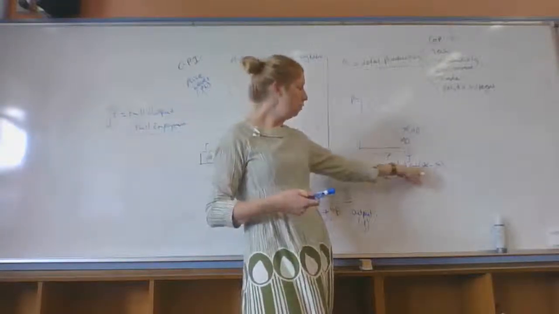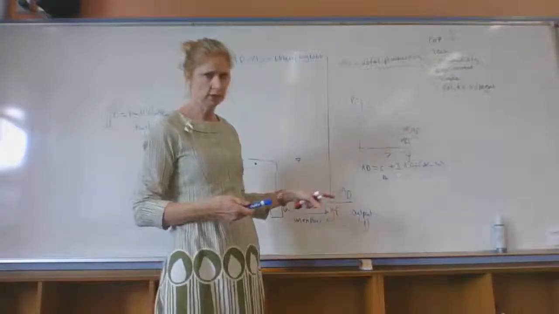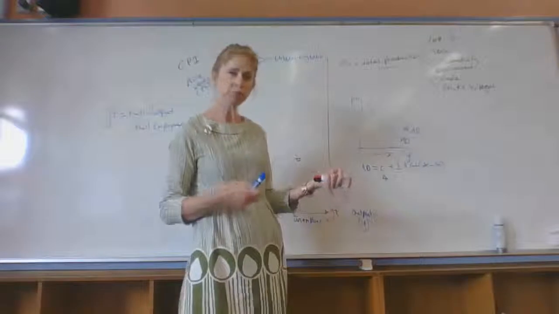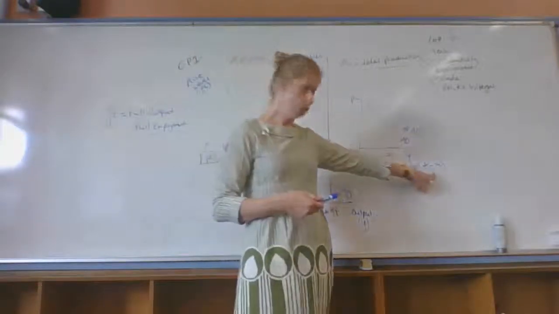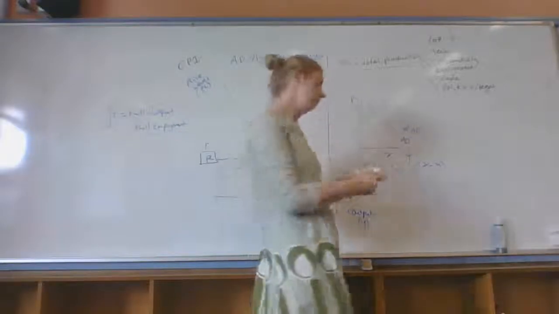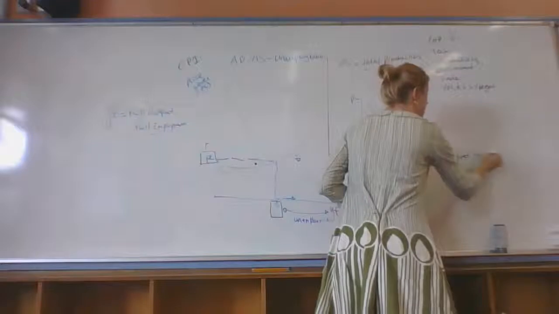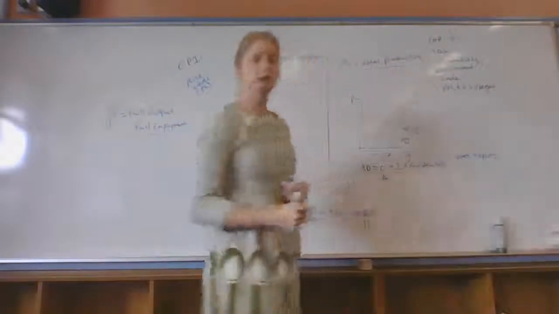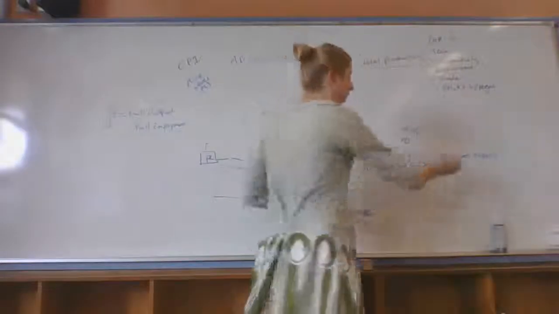Over here, what you want to see to get AD increasing is we want export receipts to increase. Remember, export receipts is an injection and import payments is a leakage. So to get net exports, which is what X minus M is, I'll write that here, this equals net exports. What we need to see is we need to earn more export receipts. So we need to sell more exports to people overseas.